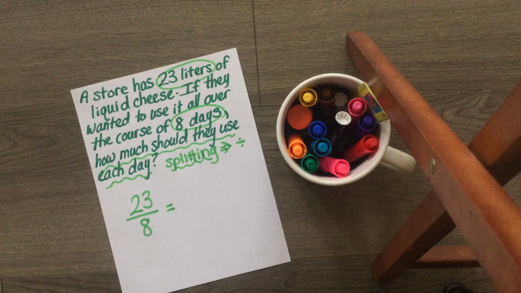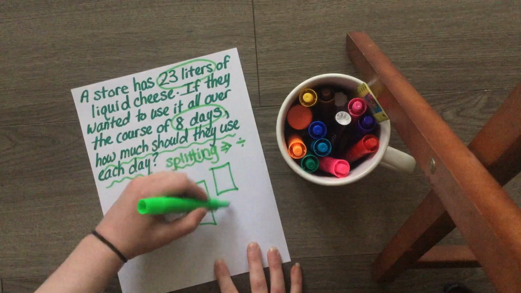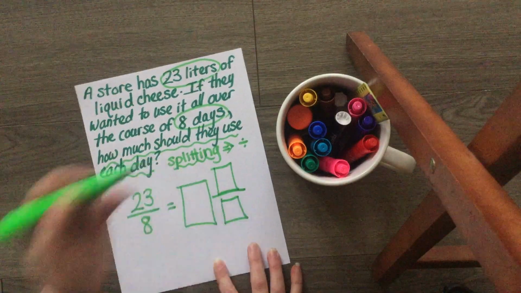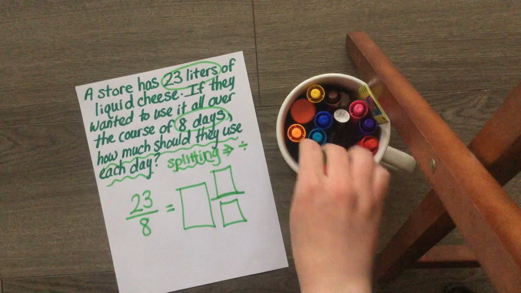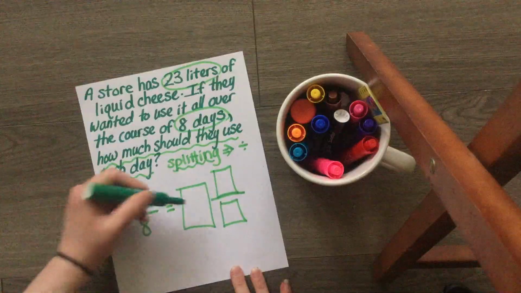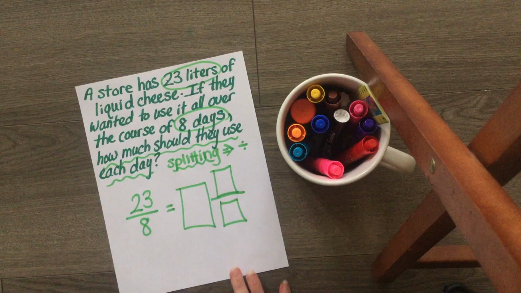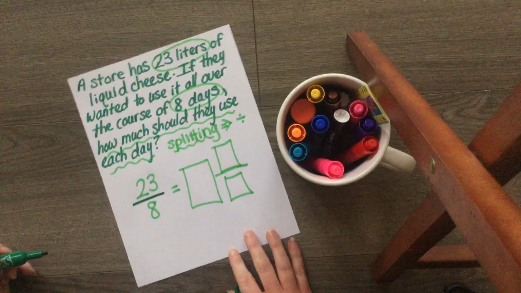That sounds all wrong. I need a mixed number to help me visualize how much liquid cheese I need to use each day. And of course, that means that I have to take my improper fraction and convert it into a mixed number. So I truly have to use this fraction bar as division again.